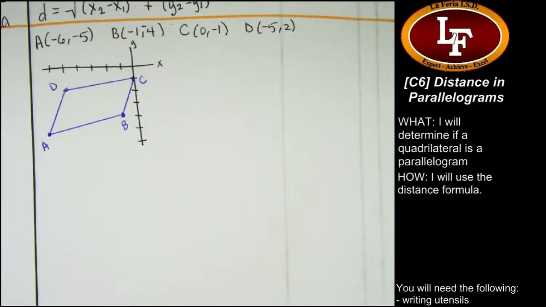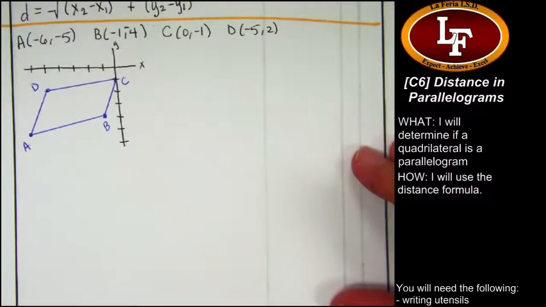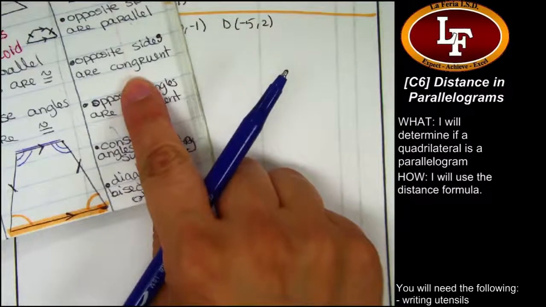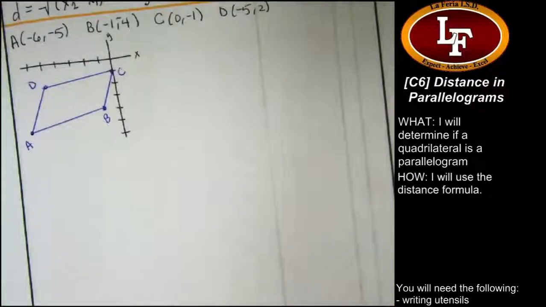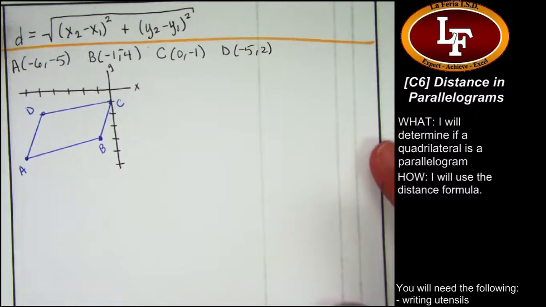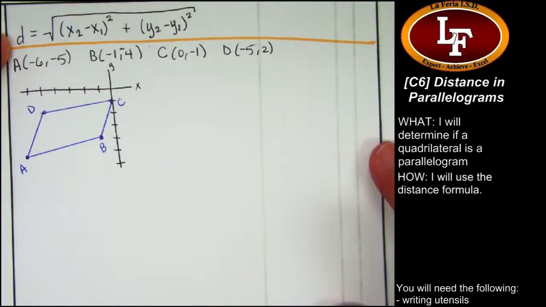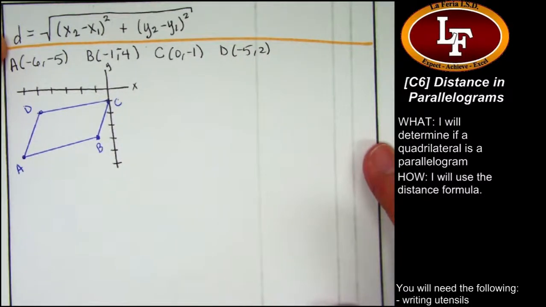So we've got to confirm it. If you're drawing it on graph paper and it looks like a parallelogram, congratulations, but that doesn't necessarily mean that it is. You still have to confirm it by confirming whether or not the opposite sides are congruent, whether or not the opposite sides have the same distance between their vertices, between the points.